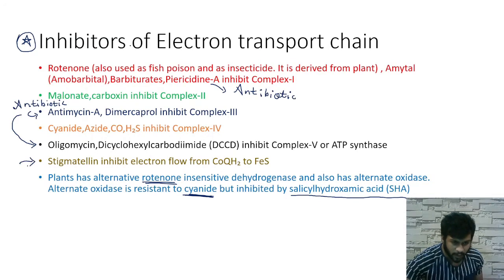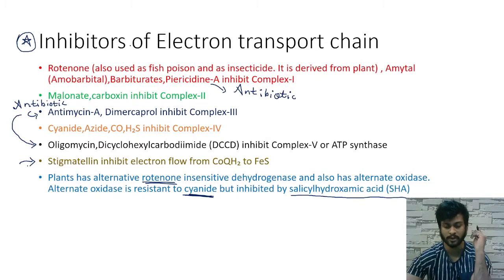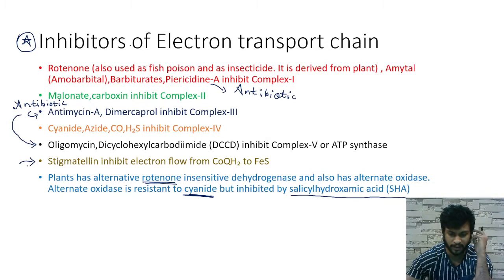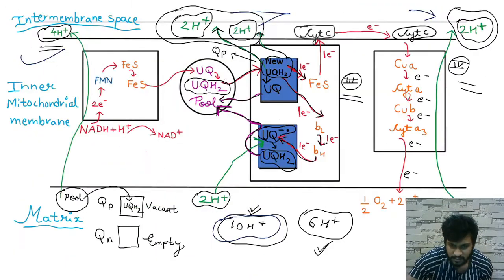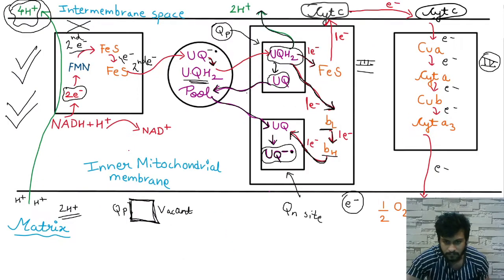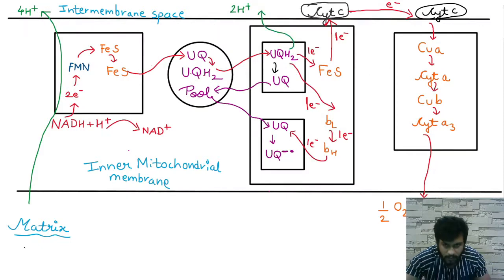Stigmatellin inhibits electron flow from ubiquinol or coenzyme CoQH2 to FeS. Okay, we will understand it from here. CoQH2 to FeS.